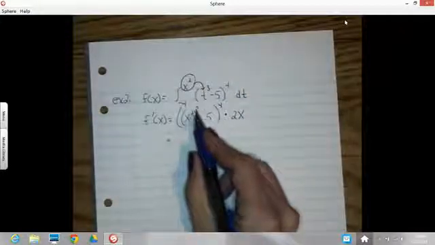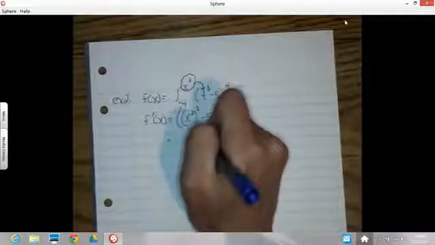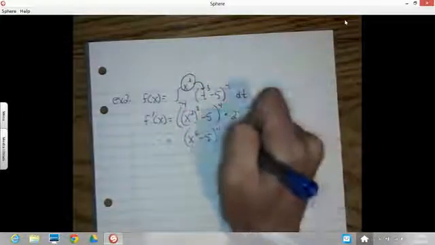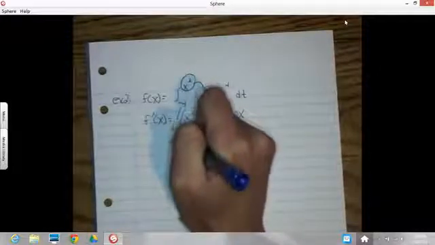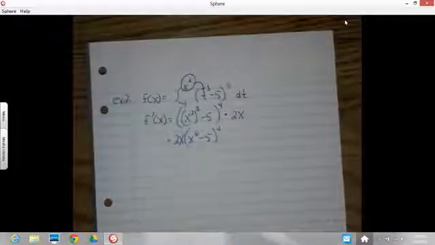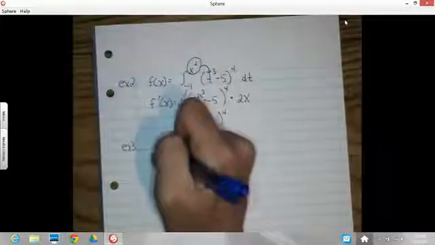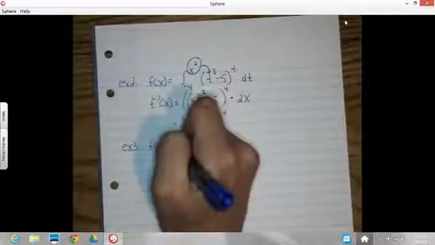So simplifying in here, this is a rule where we multiply: x to the 6th minus 5, quantity to the 4th. I'll throw the 2x in the front. They don't get much harder. You just have to remember the shortcut rule.